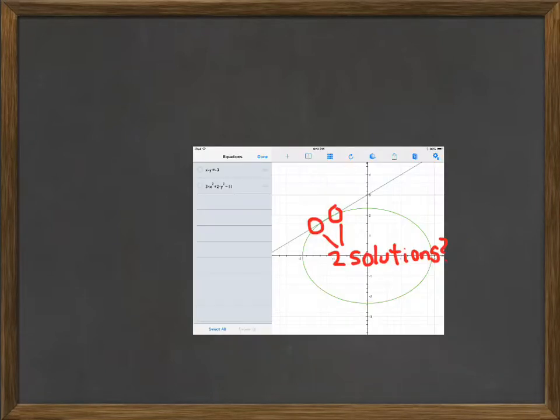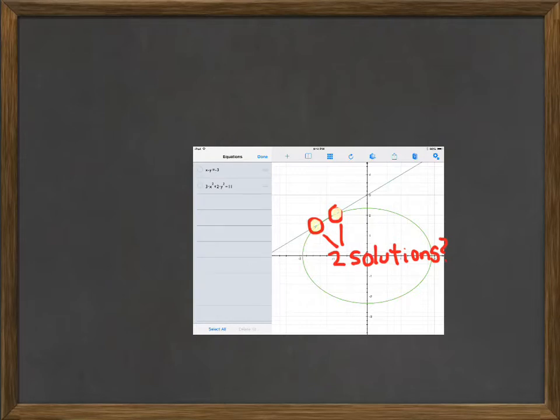I then went and graphed this using some graphing software I have, and it turns out that x minus y equals 3 is, well, we knew that would be a line, and 3x squared plus 2y squared equals 11 is an oval. And it looks like there might be two solutions right over here and right over here.